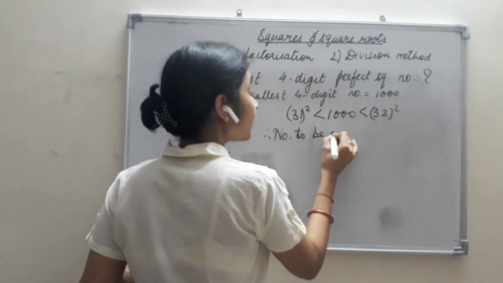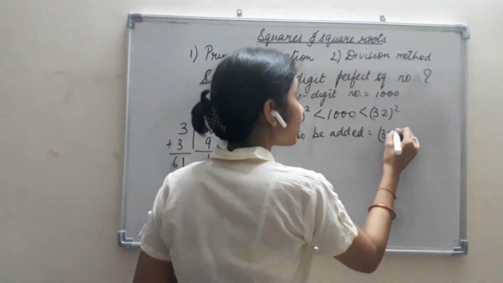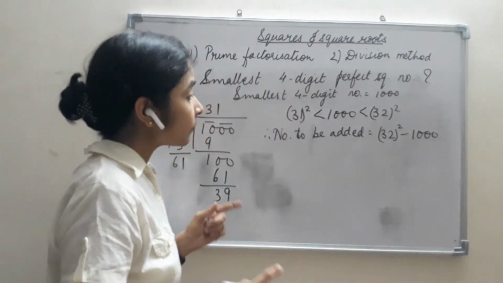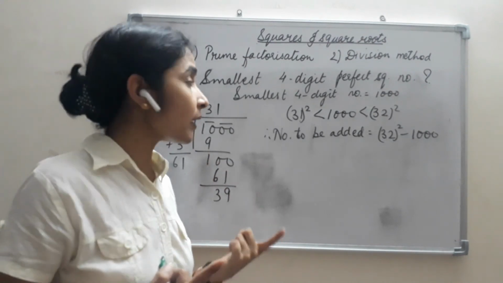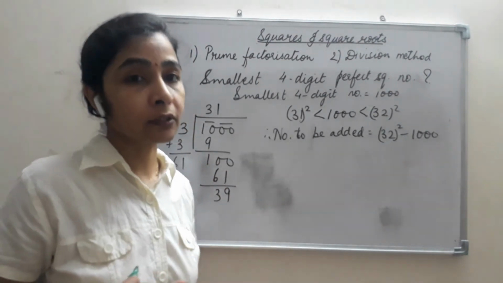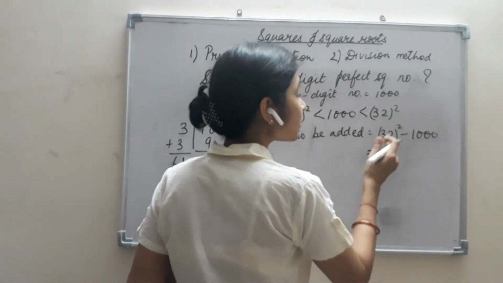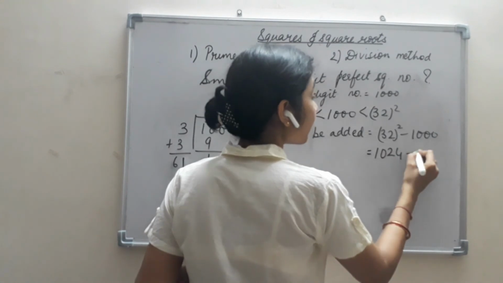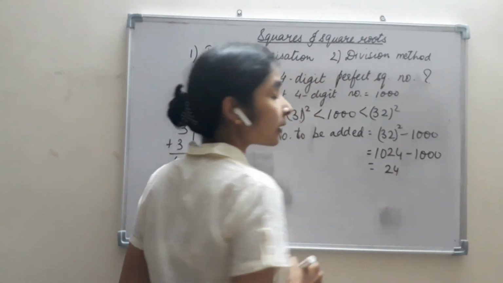The number to be added is equal to 32 square minus 1000. Or we can directly also write that the smallest 4-digit perfect square number is equal to the square of 32, and directly we can find. So here what we are doing is finding the square of 32, and that is 1024 minus 1000. So that means 24 should be added to it.